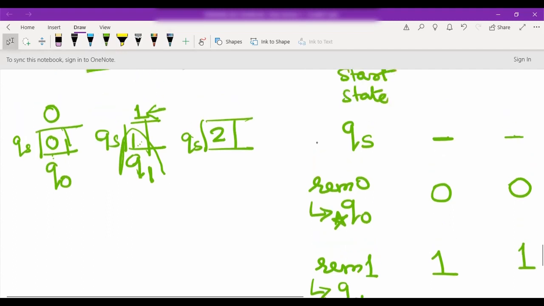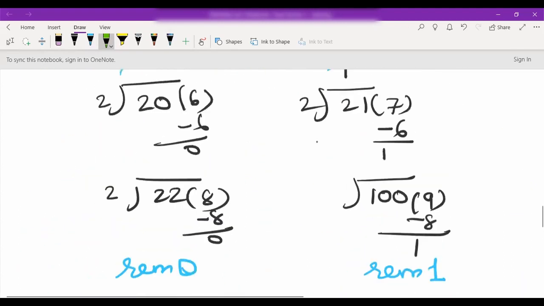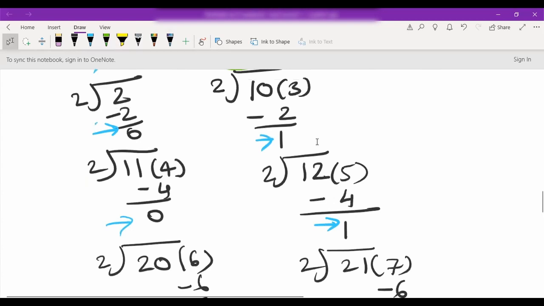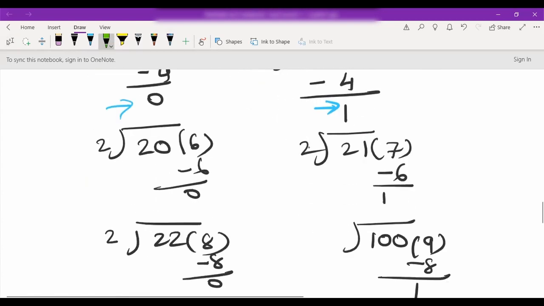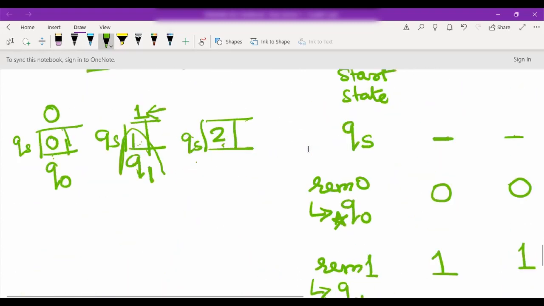Now, when QS is reading number 2 only, that is ternary number 2, what was the case with ternary number 2? Ternary number 2 is generating remainder 0. For remainder 0, we had already considered this condition, so that is also indicated by the state Q0. So we'll mark this as Q0, which is the resultant state. And what was the output?